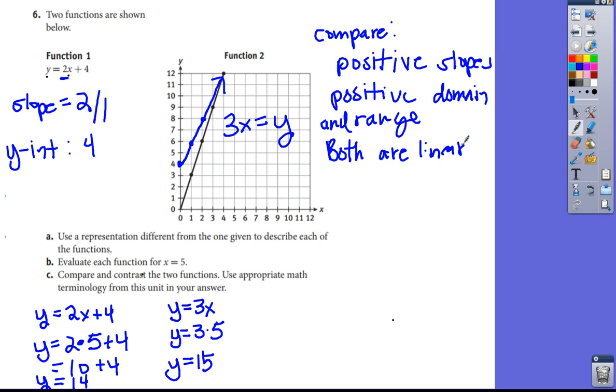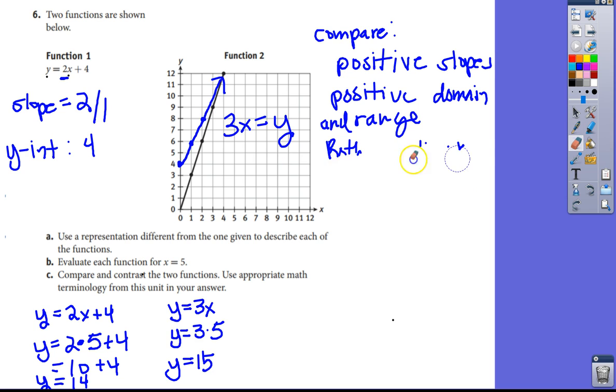All right, let's see, what else? They both are continuous. Okay, they're continuous because they're lines, they connect. Okay, and let's see if we can find one more. I can't think of any more, actually. If you can come up with one more, go ahead and write it.